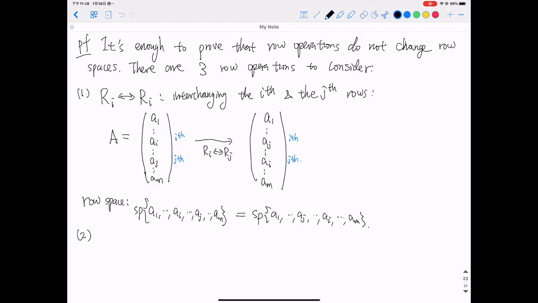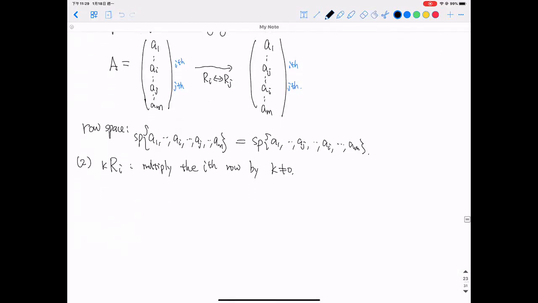Okay, so the next operation is, I guess, k Ri. That is, multiply the i's row by a scalar k that's not 0. It's important that it is not 0.